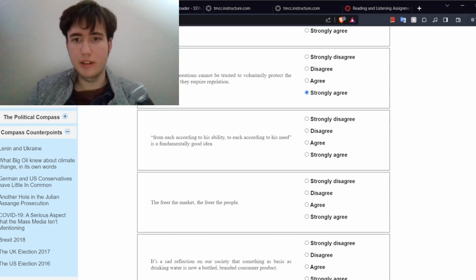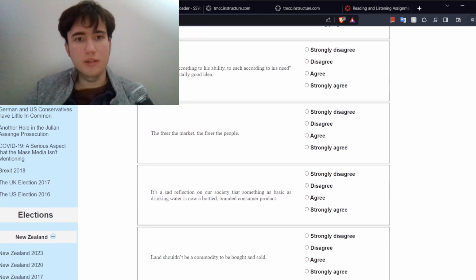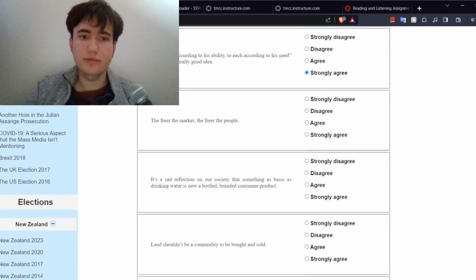I strongly agree with that, obviously. From each according to his ability to each according to his need is a fundamentally good idea. Yeah, it is. Strongly agree. I guess that's really going to push me left on the x-axis there.